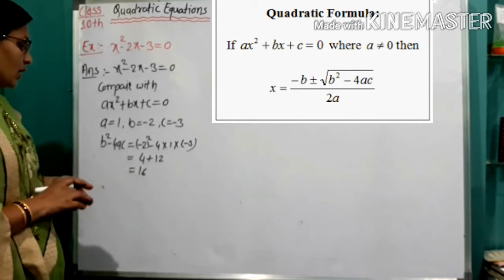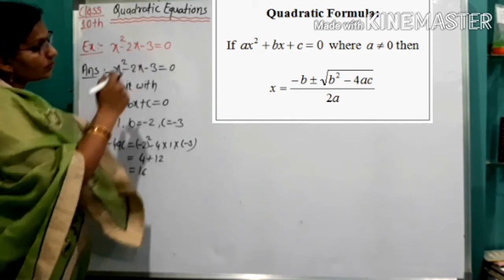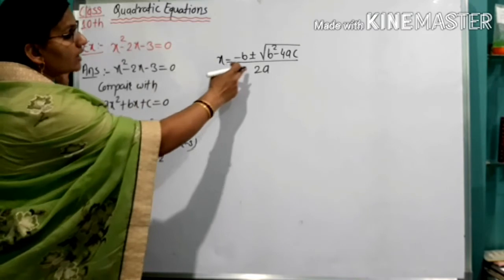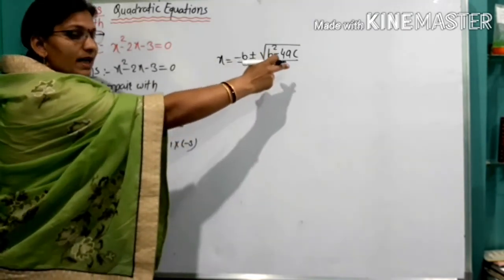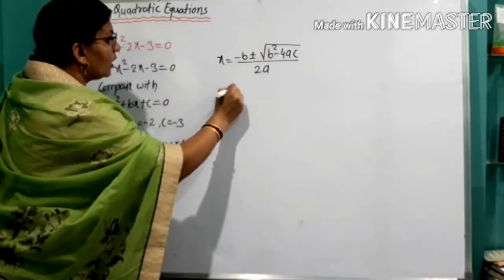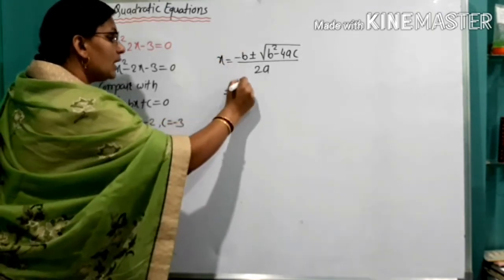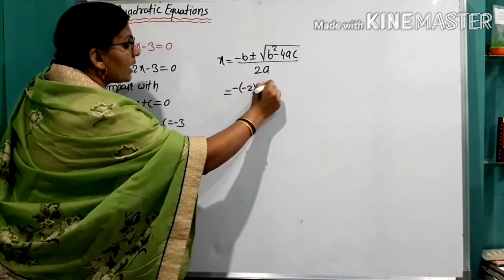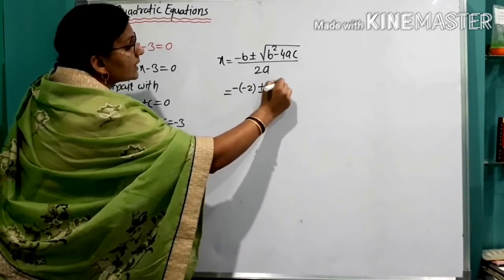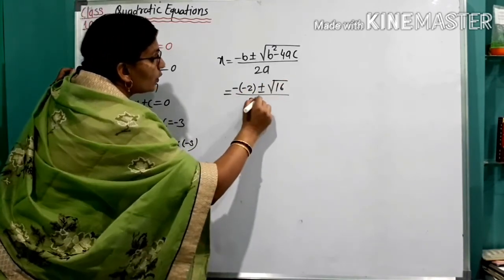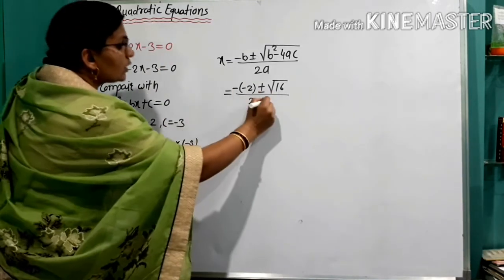Then by the formula method, x equals minus b plus or minus under root b square minus 4ac upon 2a. Put all the values: the value of b is minus 2, so minus b is 2, plus or minus under root 16 upon 2 into a, and the value of a is 1.